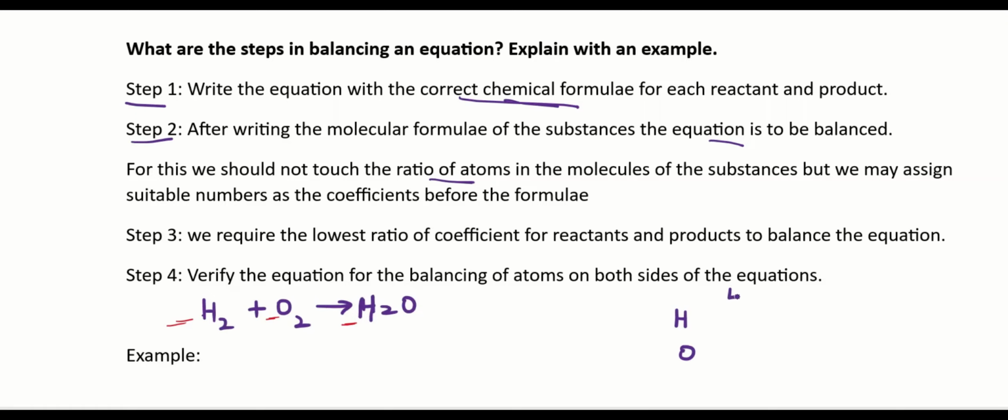So let us write the number of atoms present on the left hand side and the right hand side. Hydrogen on the left hand side are 2 and on the right hand side also they are 2. Whereas oxygen on the left hand side we see 2 atoms present and on the right hand side it is only 1. So our job to increase the number will be towards the right hand side, that is the product side.